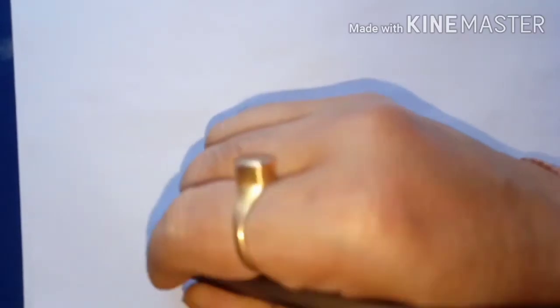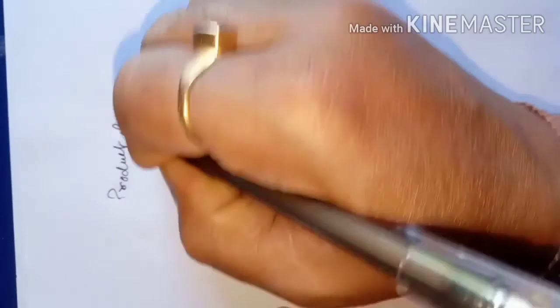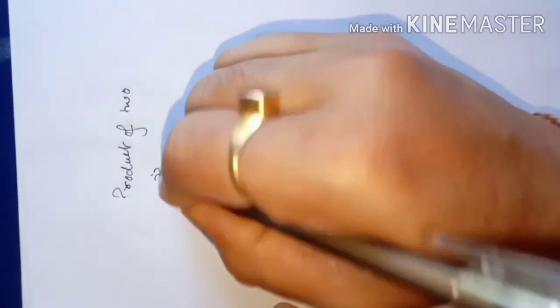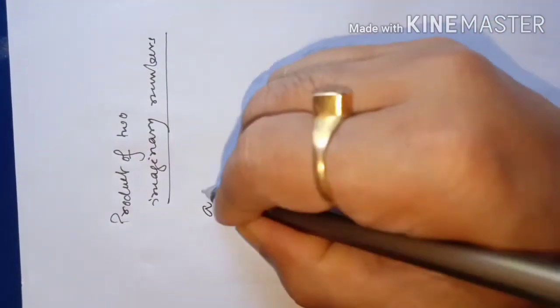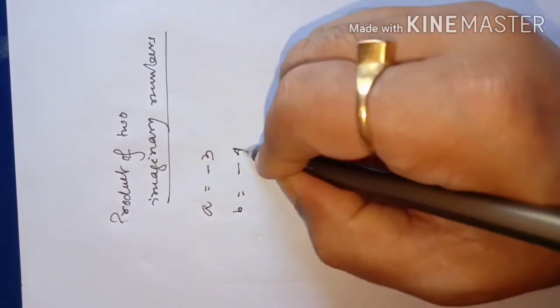Okay? Dear students, let us see one more important fact, that is the product of two imaginary numbers. When I say product of imaginary numbers, I mean to say, suppose a is a number, say minus 3, and b is another, say minus 4.